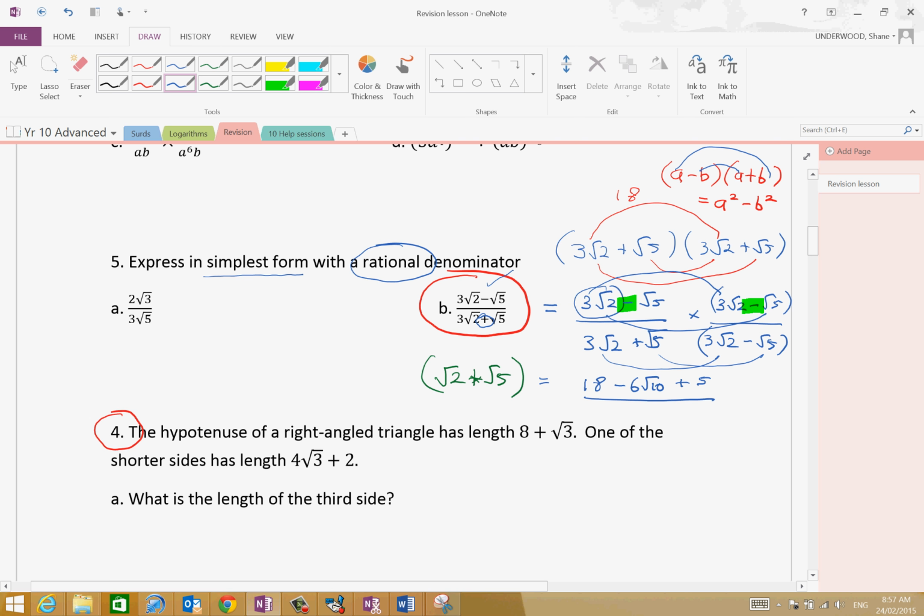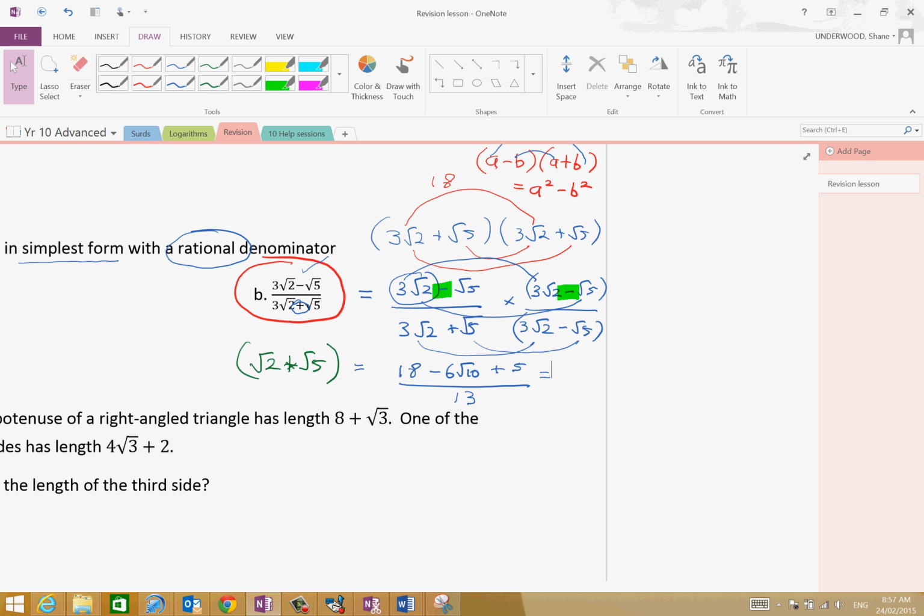So now what we have to do is simplify. I don't want you to leave that. The only thing we can do, though, is 18 plus 5 is 23. So your answer is 23 minus 6 root 10 over 13.